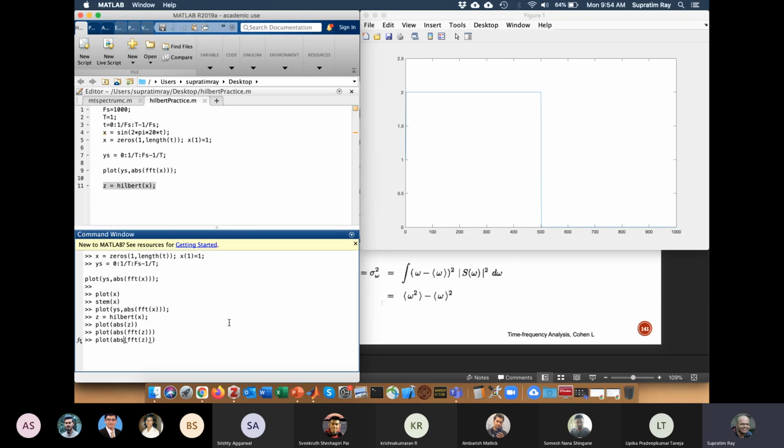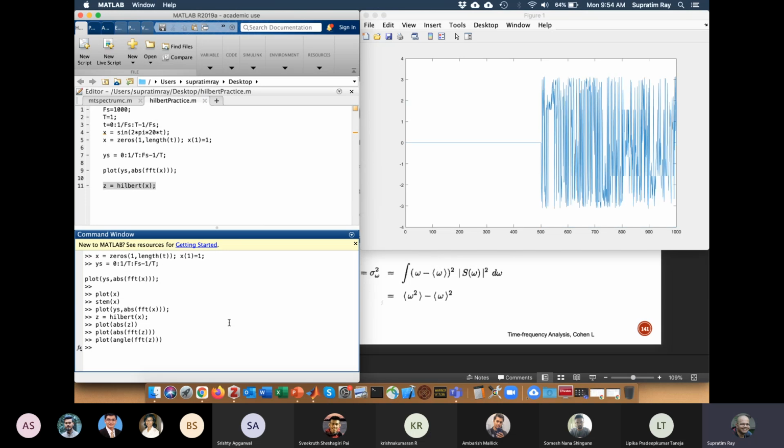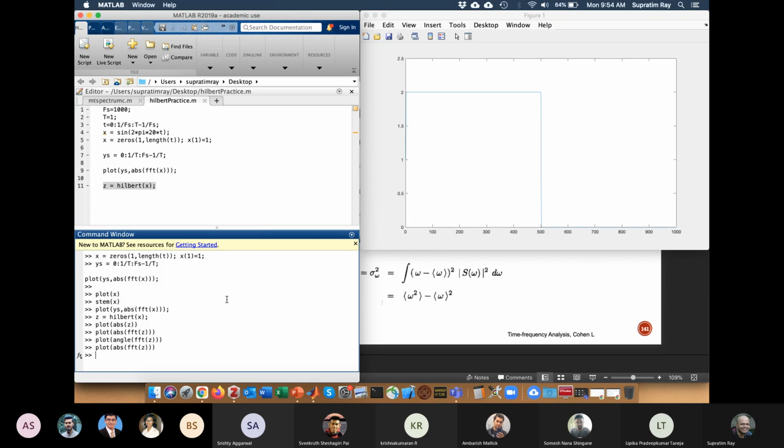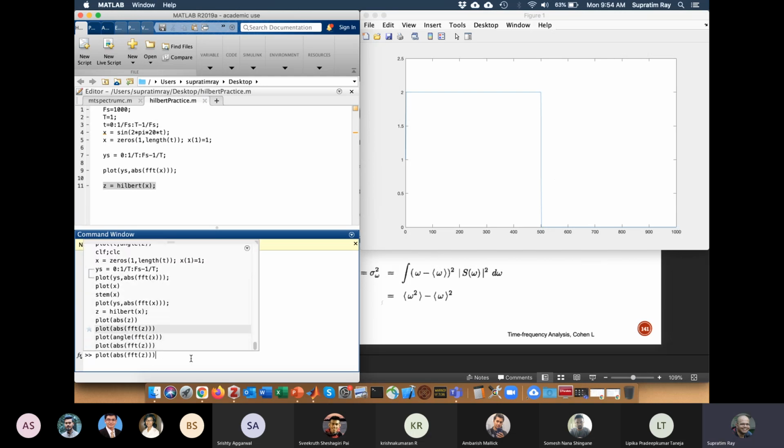And if I look at the angle of this, again, you will see that it's 0 everywhere between 0 and 500. Here it doesn't matter because the amplitude is 0. So the Hilbert transform has actually changed it so that the energy is only concentrated between half the frequency range, 0 to 500, and otherwise it's 0.